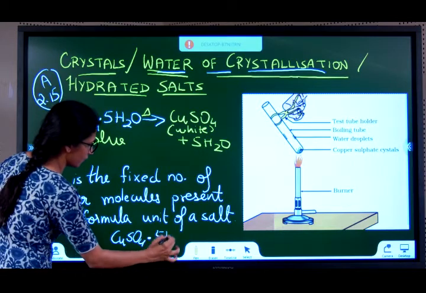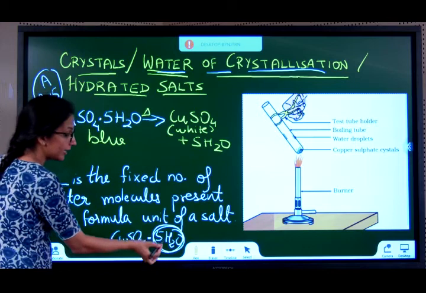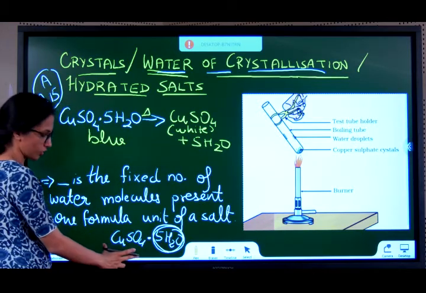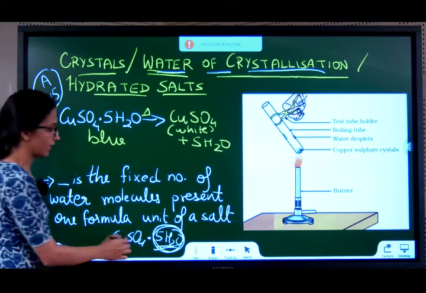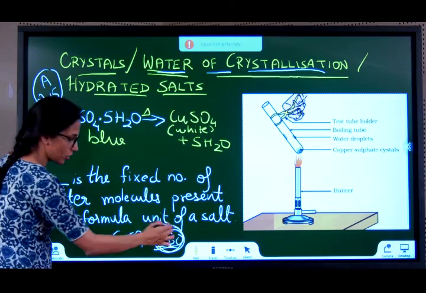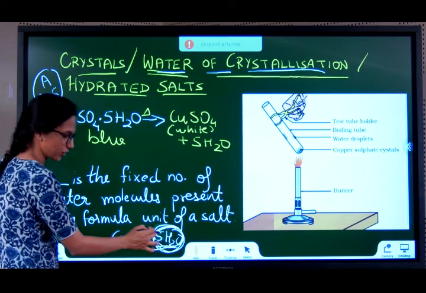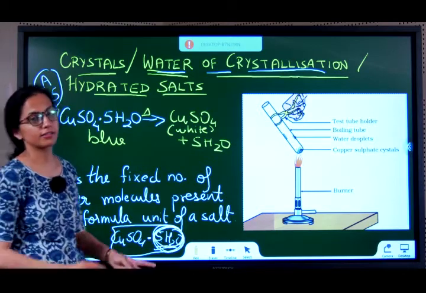It needs 5H2O. So the number of water molecules present with one formula unit of a salt is referred to as water of crystallization. This is known as a hydrated salt. This whole thing is a hydrated salt. This is the water of crystallization. This whole salt is also referred to as a crystal.